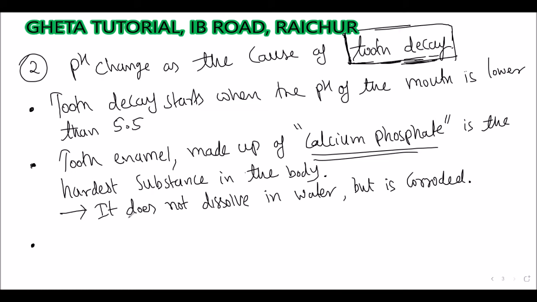So what is the third point I can write? How does tooth decay start? Tooth decay starts when we eat food containing sugar.